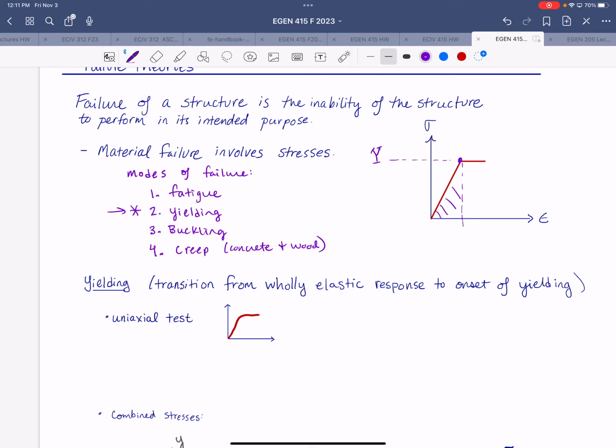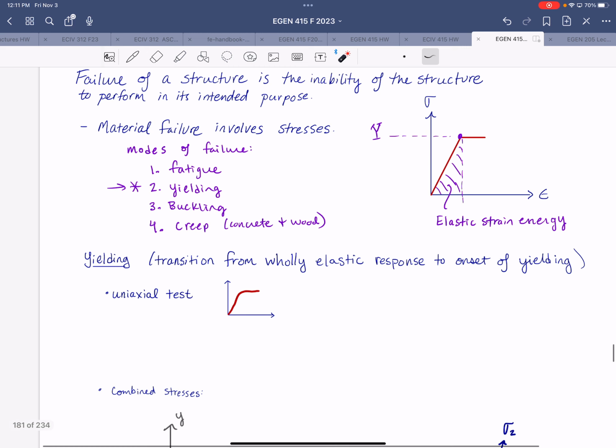The area under the stress-strain curve up to that yield point represents the elastic strain energy. We've been doing a lot with strain energy, and now we're back to the stress-strain curve and just noting that it is the area underneath that curve.